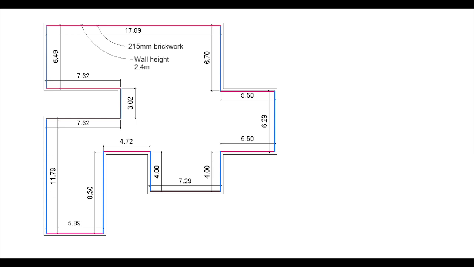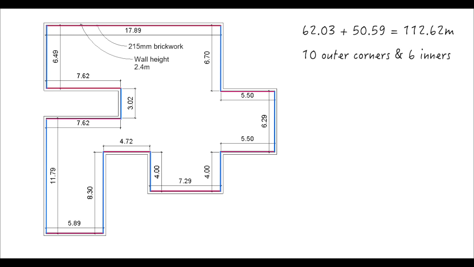Our total inner girth is therefore the sum of the red lengths and the blue widths. This works out as 62.03 plus 50.59, which gives us a total of 112.62 metres. There are 10 outer corners and 6 inner corners. Subtract 6 from 10 gives us 4 corners to add.